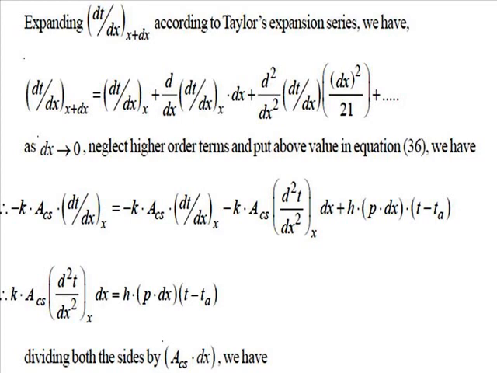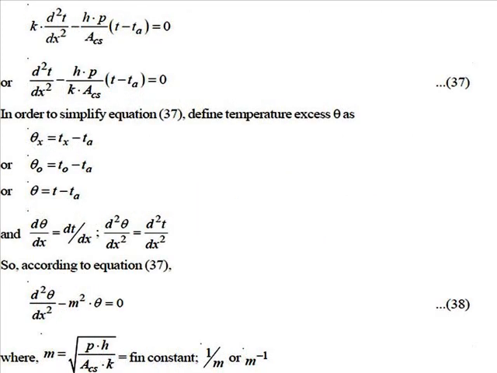Now if we divide on both sides by cross-section area into dx, we will get k d²T/dx² minus hP divided by cross-section area into (T minus Ta) equals 0, or we can rewrite in the form of equation number 37, that is d²T/dx² minus Ph divided by Ak into (T minus Ta) equals 0.